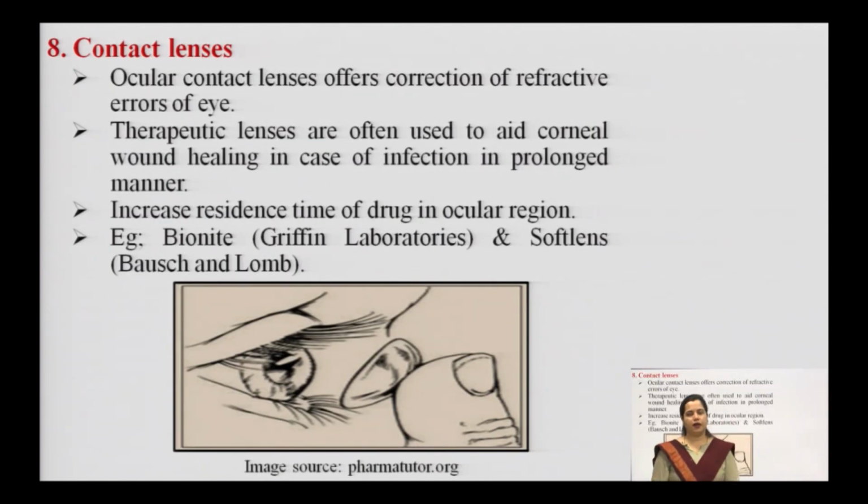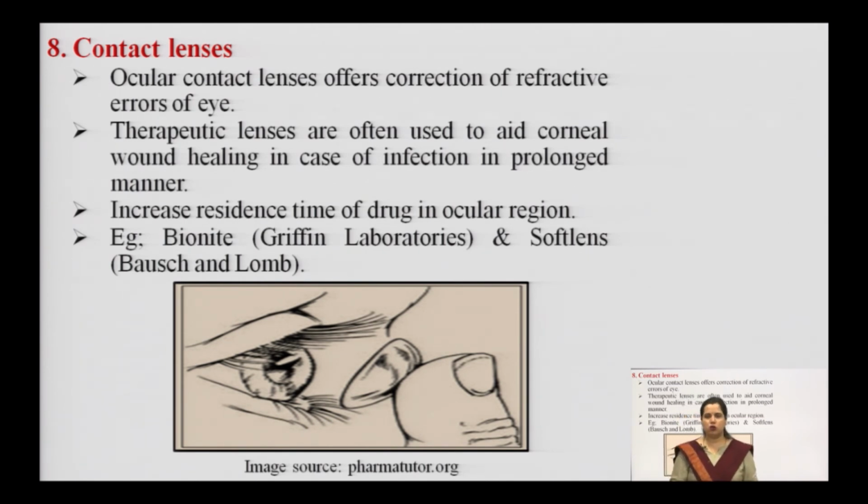Now, contact lenses. Contact lenses are widely used lenses, small layers. Ocular contact lenses offer correction of refractive errors of the eye. Instead of spectacles, many people use contact lenses for correction of refractive errors.